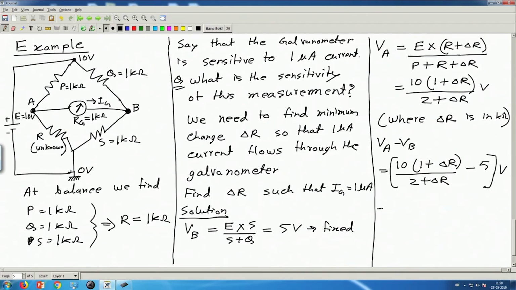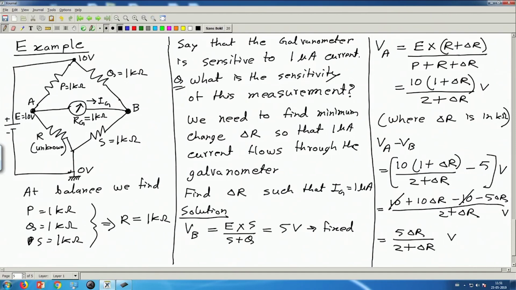So this will become 10 plus 10 delta R minus 10 minus 5 delta R, divided by 2 plus delta R. So this 10 and 10 cancels. So we have 5 delta R divided by 2 plus delta R. This is in volt.